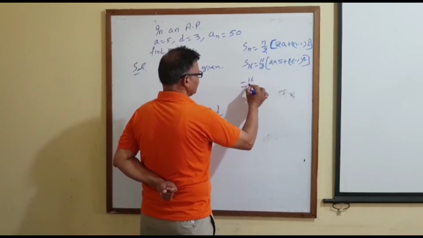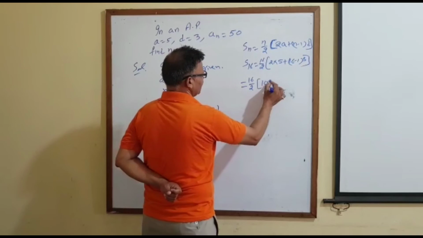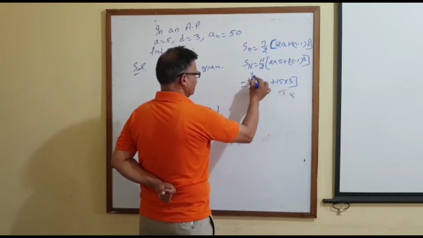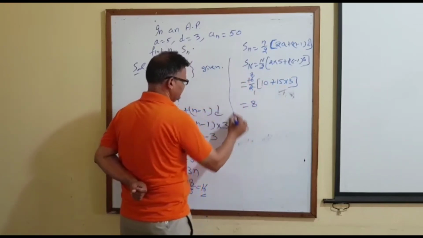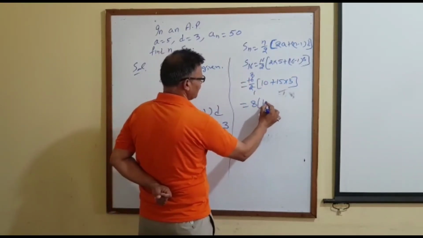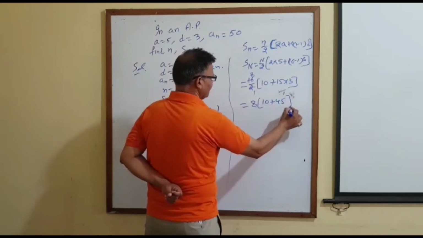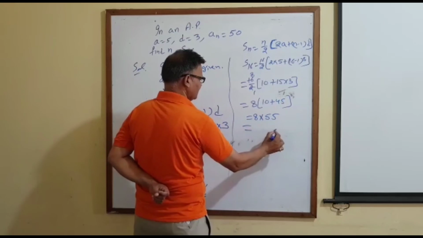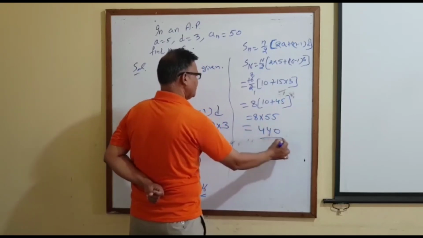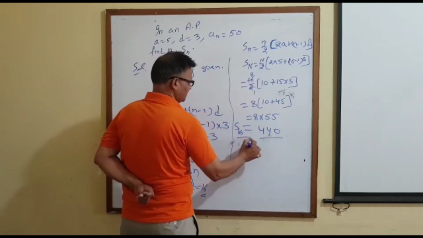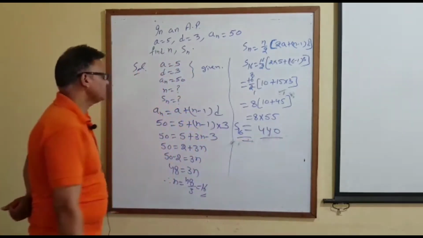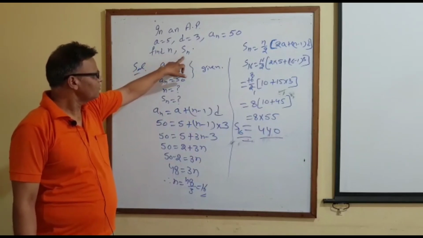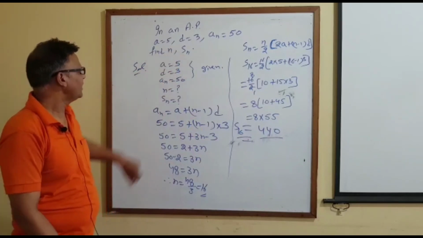So we get 16 over 2 into 10 plus 15 multiplied by 3. We get 8 into 10 plus 45. We get 8 multiplied by 55. We get 440. So like this you can solve the sum when n and Sn both have to be found out.